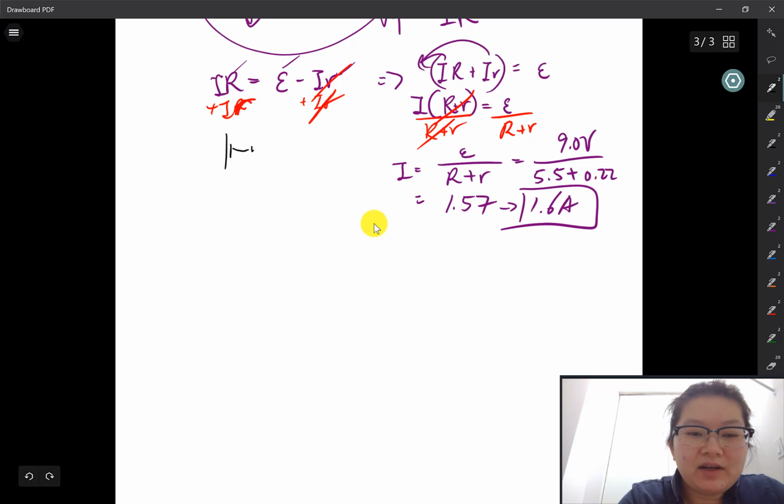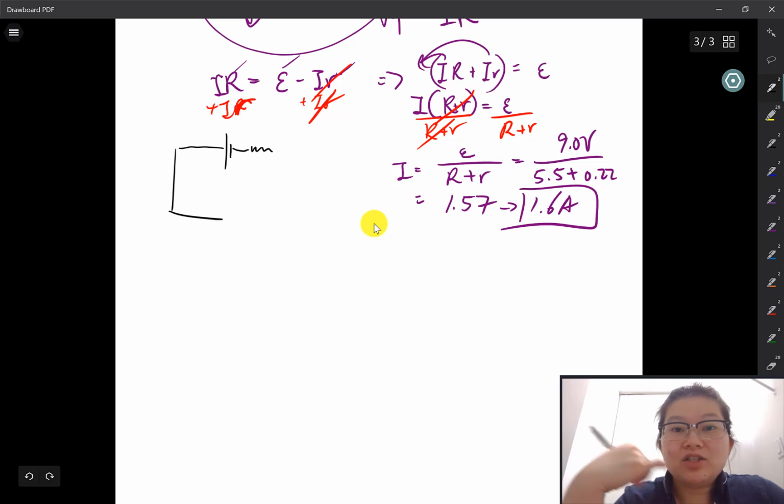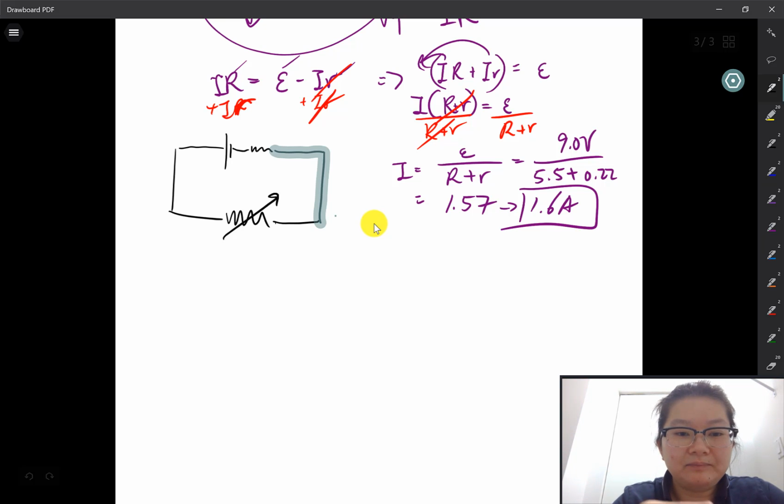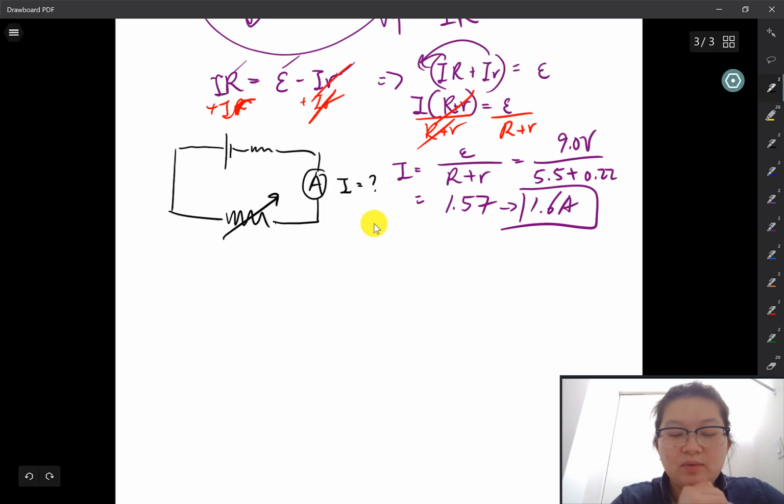We have the battery, a little tiny internal resistor, and to change the current inside your circuit, you might have some sort of variable resistor connected in series to the whole circuit. In this setup, you might have, say, an ammeter connected in series to test the current, which we will see what that is.